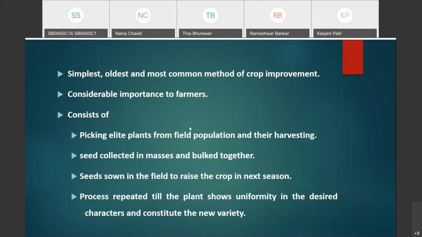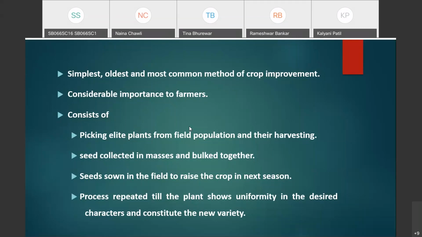The mass selection process involves different steps, like picking an elite group of plants, the plants which are vigorous and healthy. A large number of plants are selected from the field population and then harvested. The seeds from these plants are collected and bulked together.